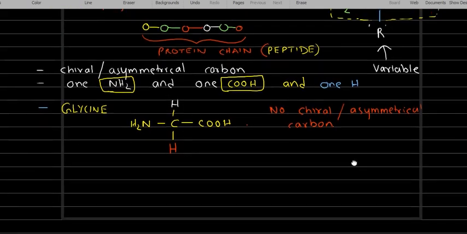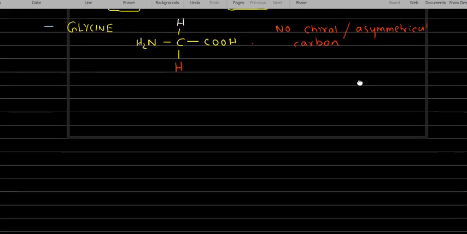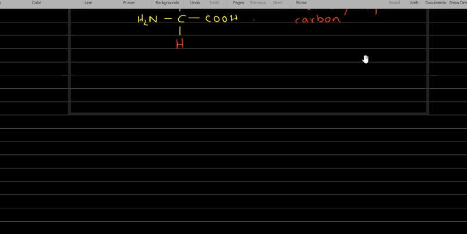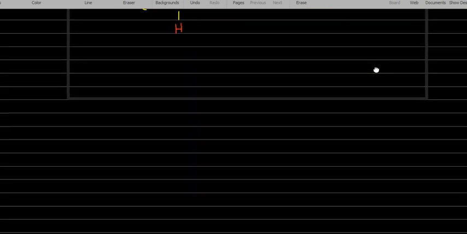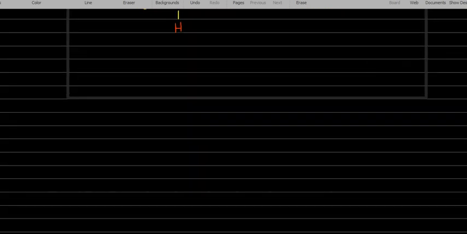Now let us move on to another part, that is types of amino acids and their nature.